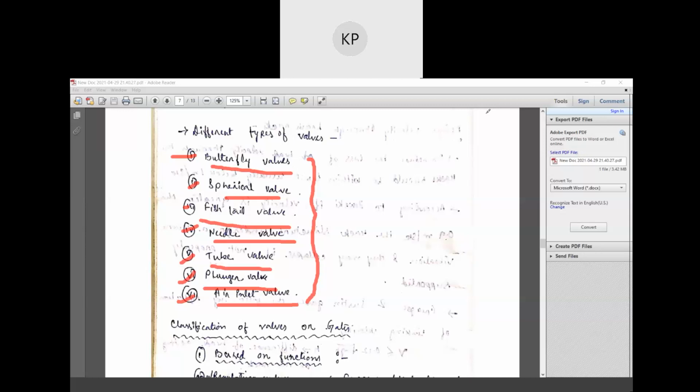Sir, what's that sixth one, sir? It's plunger. Or fifth one, tube.